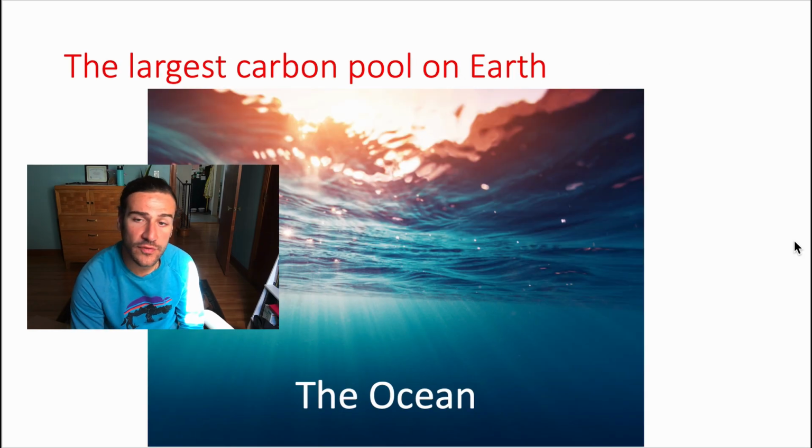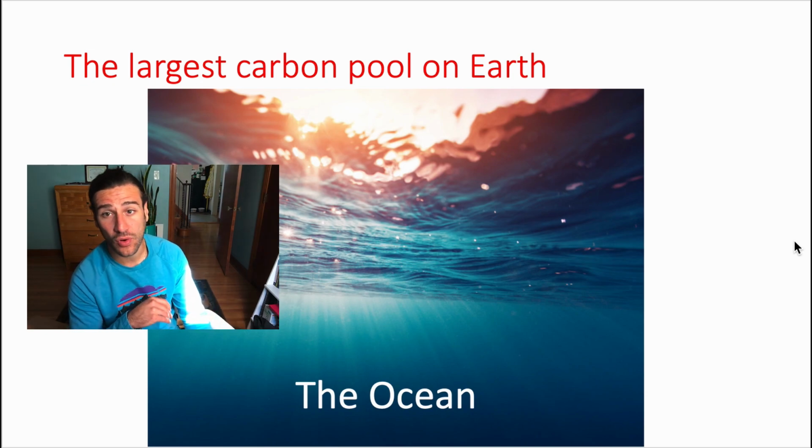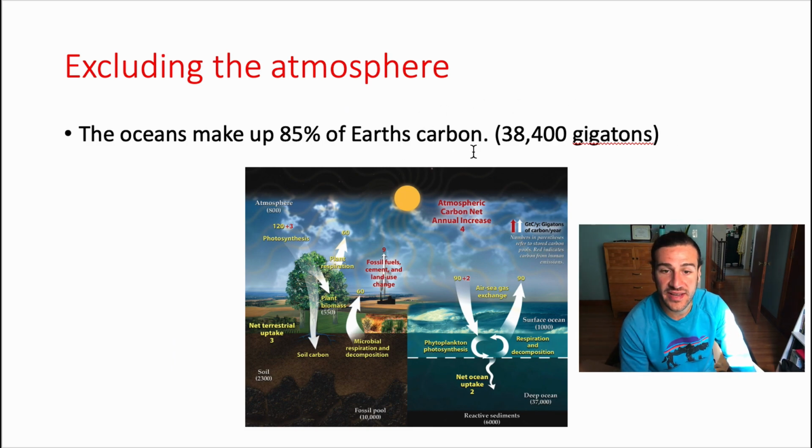So we should know, firstly, that the ocean is the largest carbon pool on Earth, right? This is an easy way to remember this, because if you think about it, the ocean's basically a giant pool as it is. So the largest carbon pool is actually the oceans. The oceans make up about 85% of Earth's carbon.